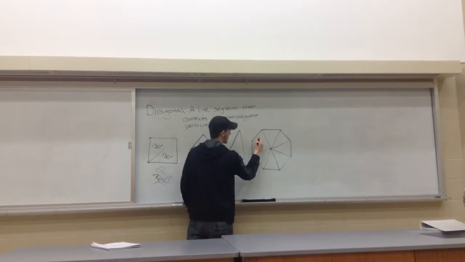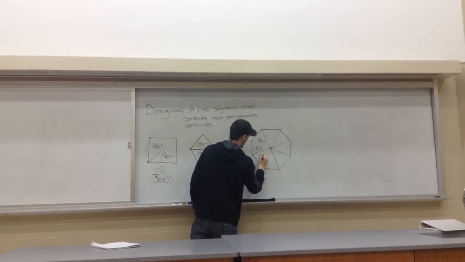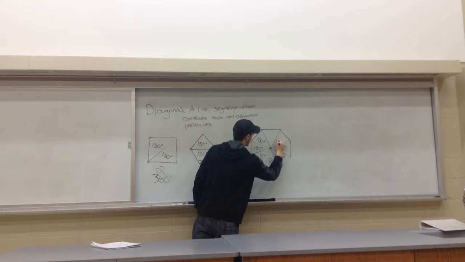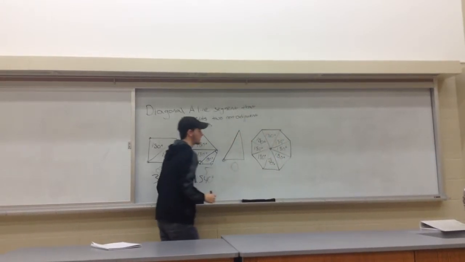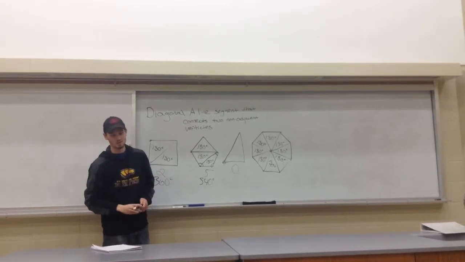And we still know that each triangle equals 180 degrees. We should have 8 of them, because there's 8 sides in an octagon. Alright, so we have 8 triangles because there's 8 sides in an octagon.